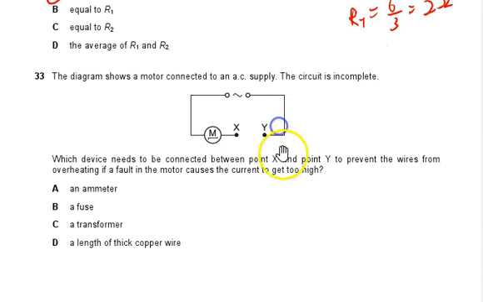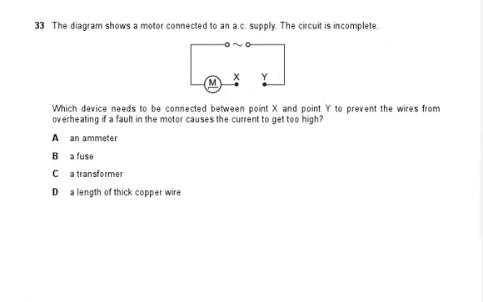Okay, now we move forward with number 33. The diagram shows a motor connected to an AC supply. The circuit is incomplete. Which device needs to be connected between X and Y to prevent the wires from overheating if a fault in the motor causes the current to get too high?